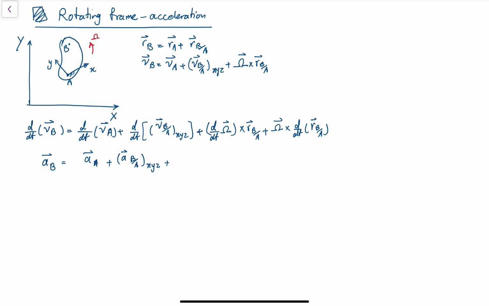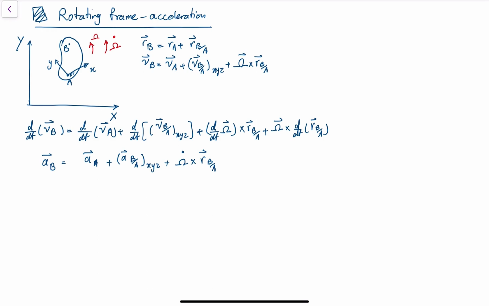And these last terms come out into three terms. The first one is omega dot cross R of B relative to A. And this omega dot is the acceleration, the angular acceleration of the frame. We are not going to introduce a new term for angular acceleration.